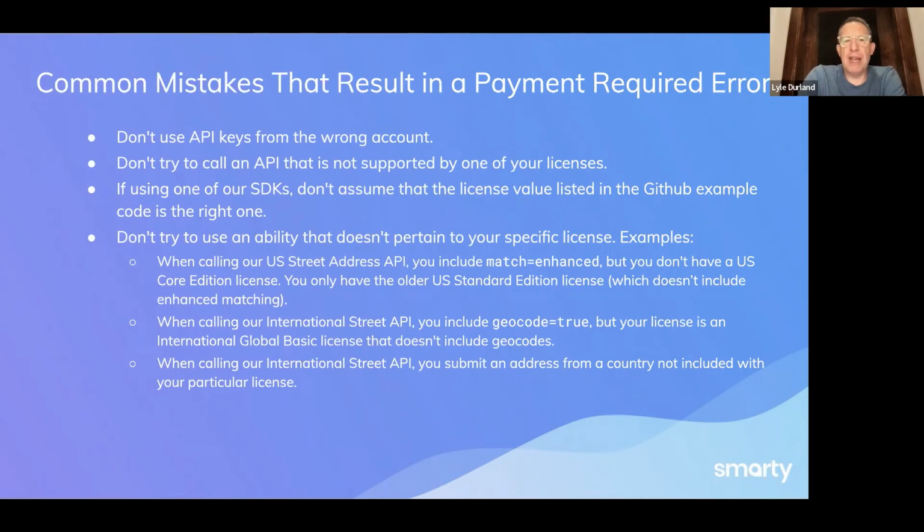We also have plans called, for example, International Select Plus, and the International Select licenses exclude some more expensive countries. If you have a select international license and you try to call one of those expensive countries, you'd also get the payment required error. So again, make sure you understand the abilities of your license; talk to us at support or your sales rep.